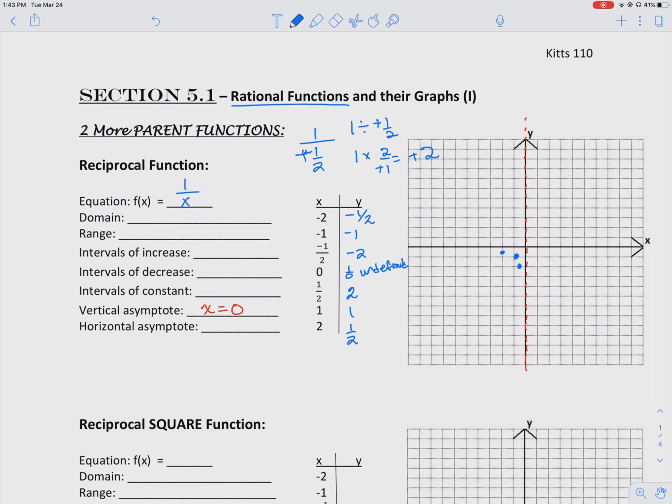So that looks like it is getting really close to that asymptote, but it's not going to cross it, okay? But it looks like it's doing the same thing this way, which it is. We're going to have an asymptote in this one as well, and that asymptote is y equals 0.